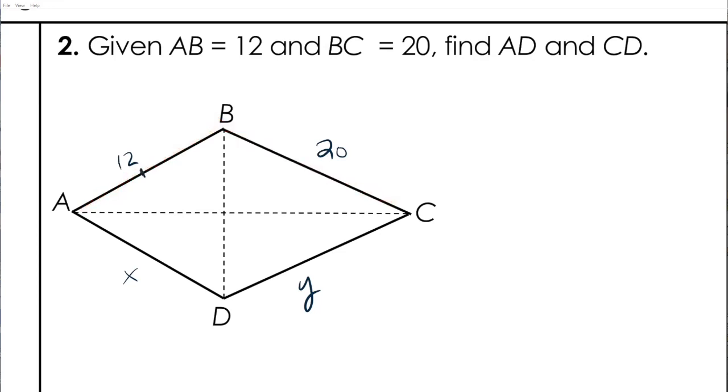That means 12 is my short sides and 20 is my long sides. If AB is 12, AD has to be 12. And then simply stated, BC is 20. So that means CD is 20.